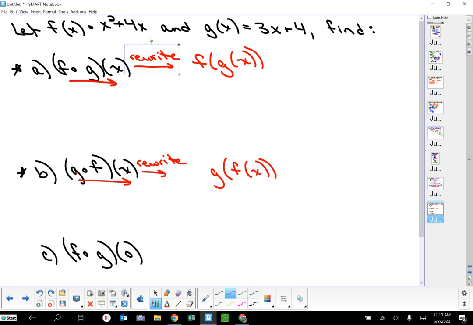And what that means is you're now going to take g of x, and you're going to plug it into f anywhere there's an x. So this is a lot like way back when you did f of a plus 4, right? Same idea. You're plugging a plus 4 into that function up there. So we're going to plug g of x in the blue box up here anywhere there's an x.